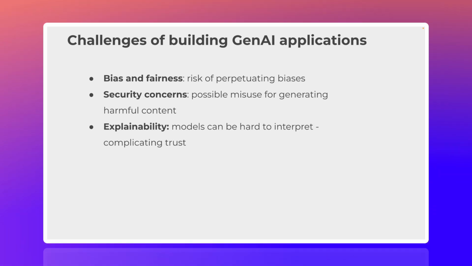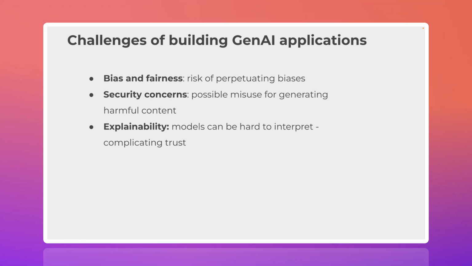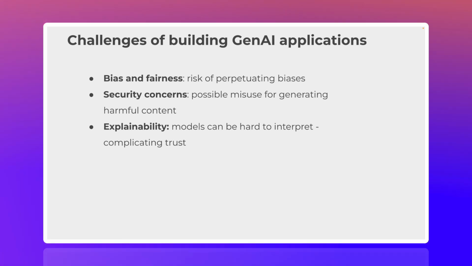As you know, models are trained on a lot of data, and they can be hard to interpret. When a user cannot understand how, for instance, a model got to a certain answer or response, it is very difficult for the user to trust that model or that information.